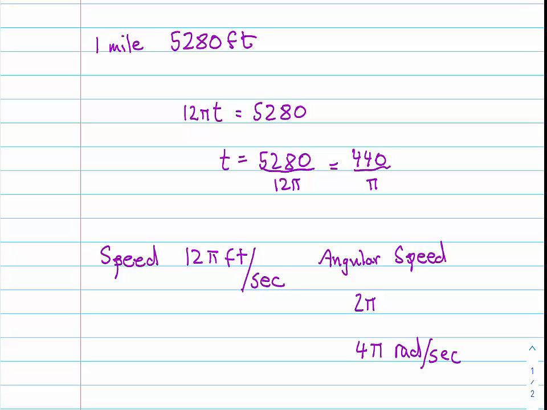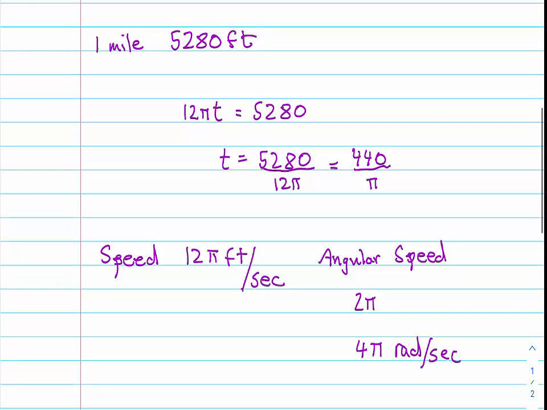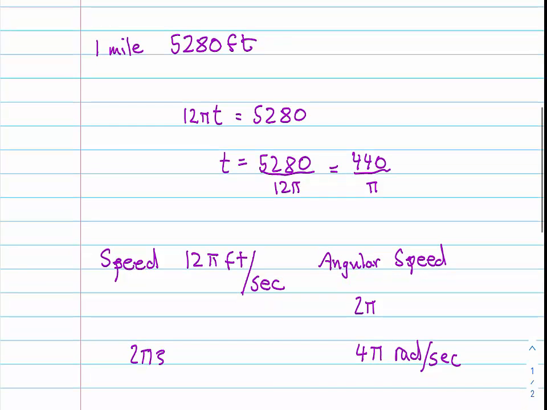So notice the difference. When we calculated the linear speed over here, it was 2 pi times r, so 2 pi times 3. And then there were 2 revolutions per second.